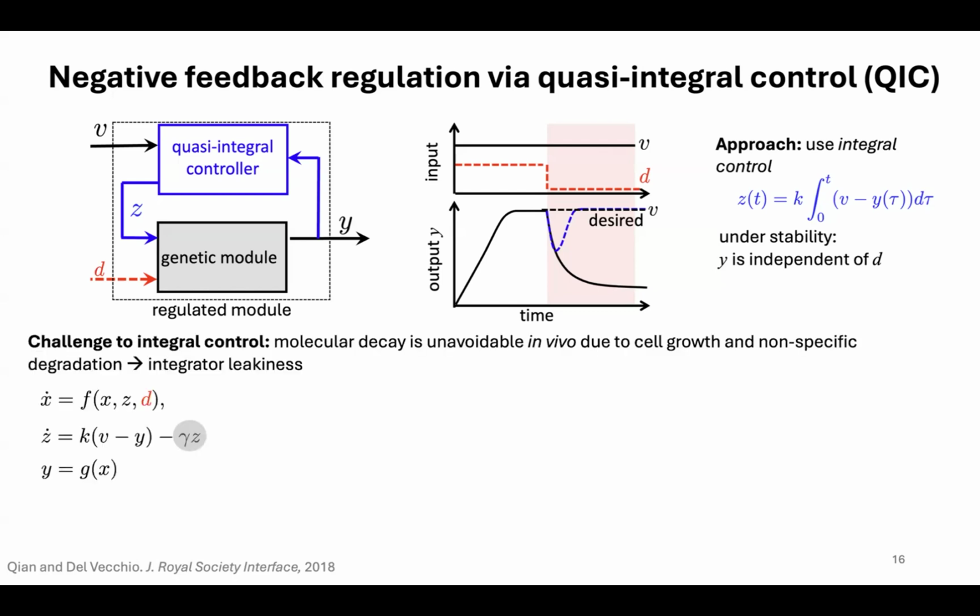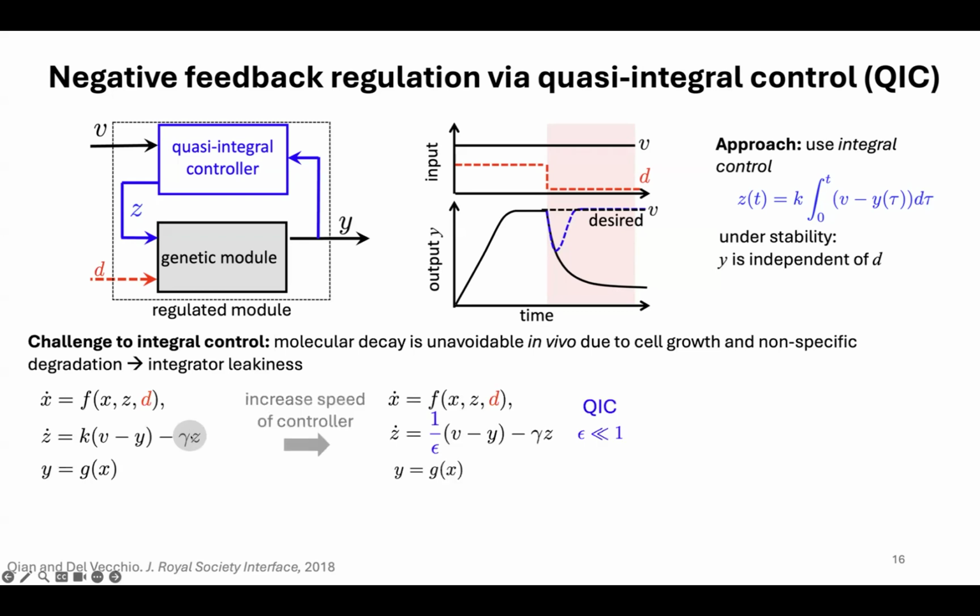So here the challenge to integral control was that molecular decay is unavoidable in vivo due to cell growth and no specific degradation. So this led to integrator leakiness, which I'm depicting here. And the outcome of that is you want to find a way to make this leakiness small in comparison to the control action. That's what we call quasi-integral control, where you are making, through a gain 1 over epsilon, with epsilon very small, the integral part much larger than the decay part.